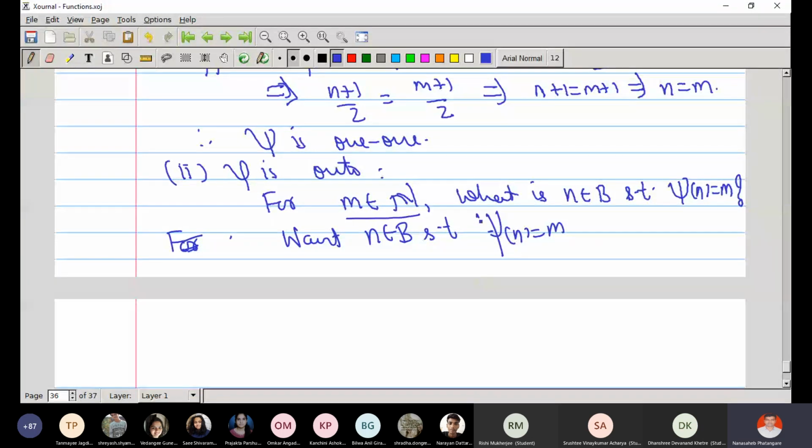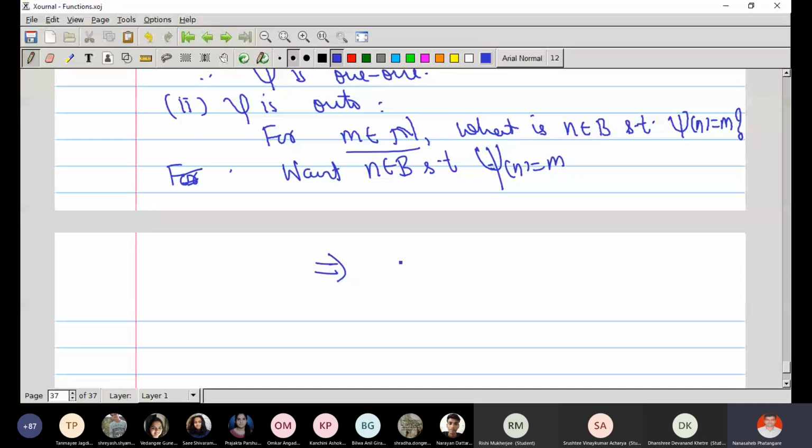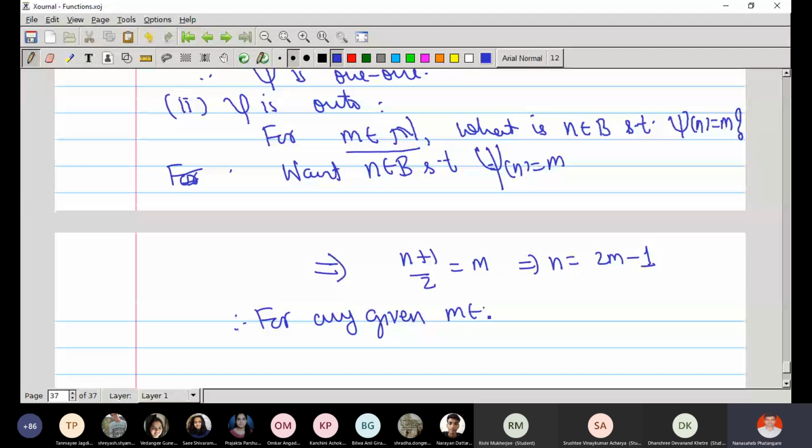Can you tell me the pre-image? What we want actually? What is psi of n? N plus 1 by 2. So what is n? 2m minus 1. And therefore, for any given m, there exists n equal to 2m minus 1 in B such that psi of n is equal to m. You check this.